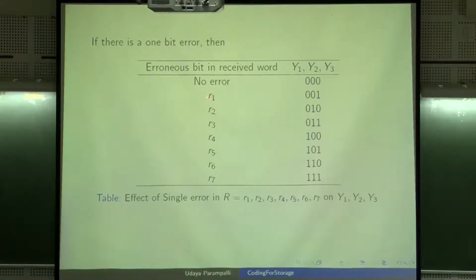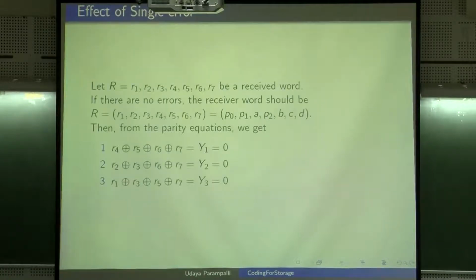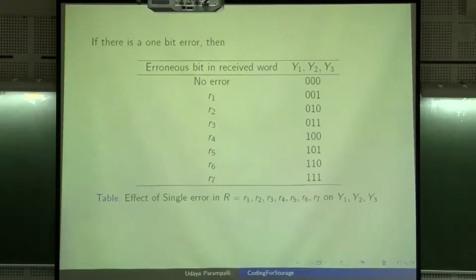Now you compute it. It's basically a recomputation of the parity, but including the parity itself. When you do that, for an error in R1 you get 0, 0, 1, for R2 you get 0, 1, 0, and for R3 you get 0, 1, 1.